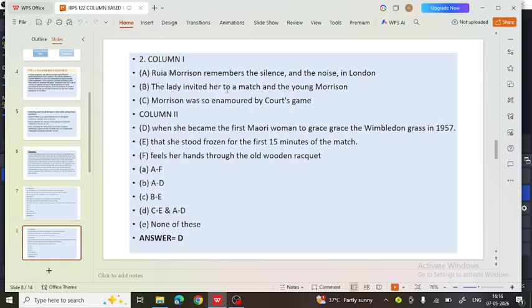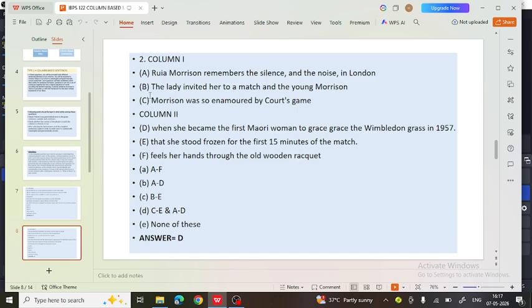The lady invited her to a match and the young Morrison that she stood frozen for the 15 minutes of the match. So B did not go with E. Then C feels her hand through the old wooden rackets. So it is also not going with B. So B is not able to have any pair with the remaining options.